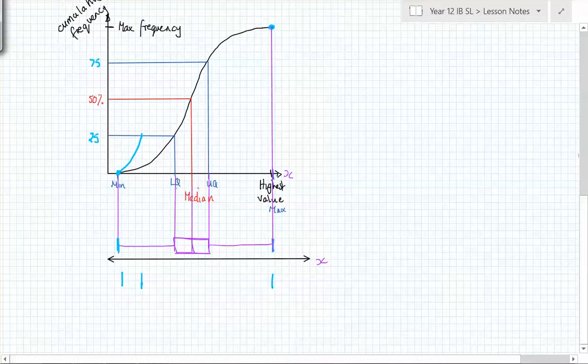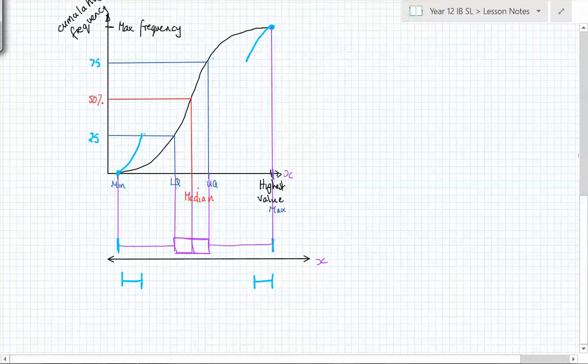So to make a section shorter in the box and whisker, the line has to get steeper. So if I want a short bit here too, this final bit has to be steeper. So it kind of has to do this down to that point there.